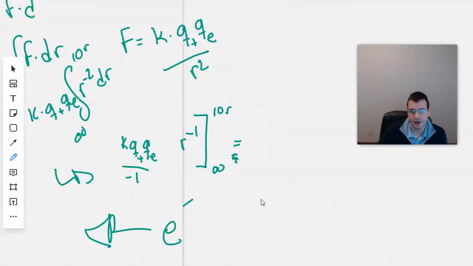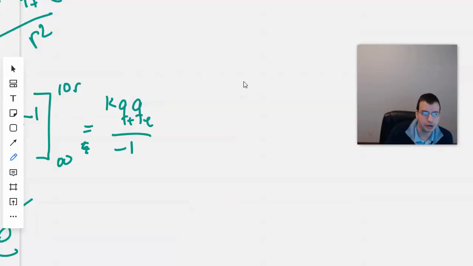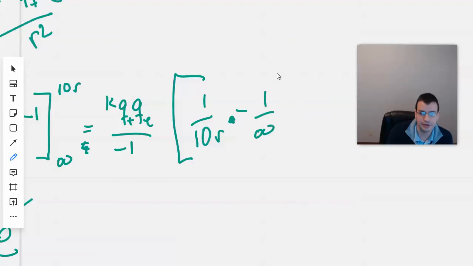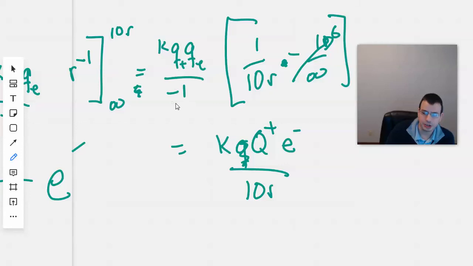Oh well, I'll figure it out in a bit. K, Q positive, Q E, negative 1, and then we have 1 over 10r minus 1 over infinity. 1 over infinity goes to 0, and we have K, Q, which I'll write now as Q plus, e minus, divided by 10r. Not quite sure why I have that negative.